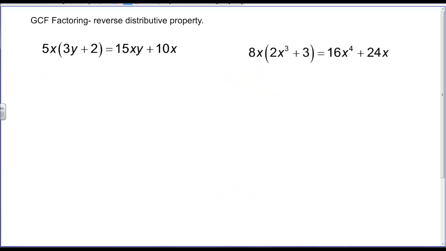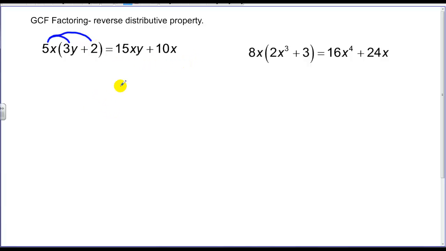I stated at the start of the lesson that factoring is really the reverse of the distributive property. So if we look at this example and take 5x times 3y, I get 15xy, and 5x times 2 is 10x.